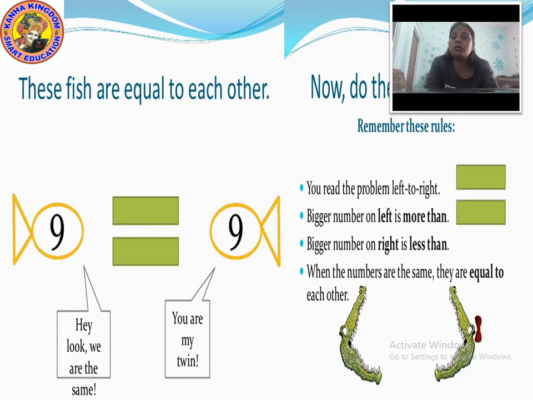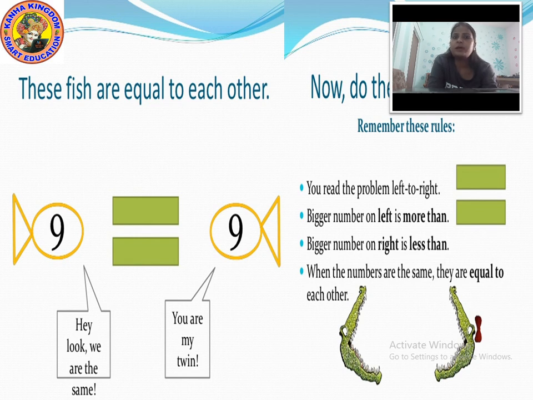Now the rules that we have to remember. I repeat once again the rules about more than and less than. Bigger number on the left is always more than, and bigger number on the right is always less than.